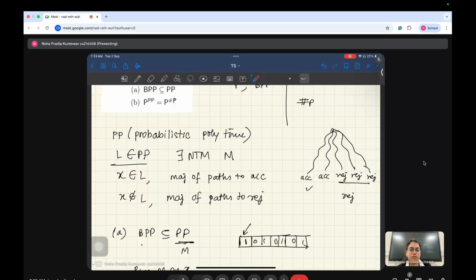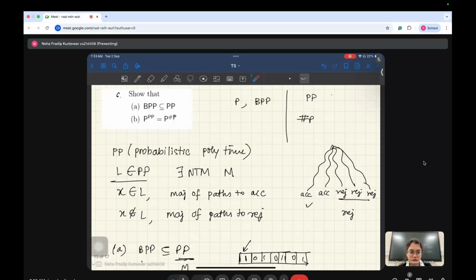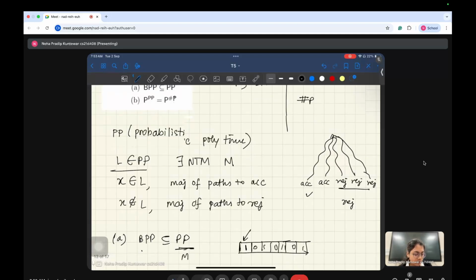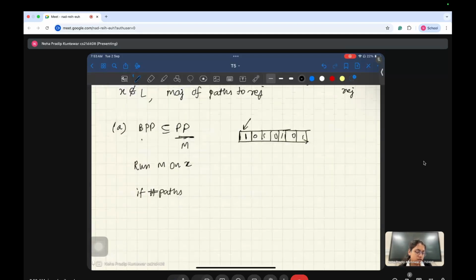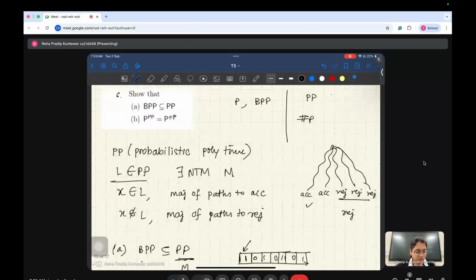So the idea is that we'll find out this count, the total number of accepting paths. If it's greater than 2/3, or whatever BPP is defined with respect to, then we're going to accept, otherwise we're going to reject. This is the basic idea behind it.